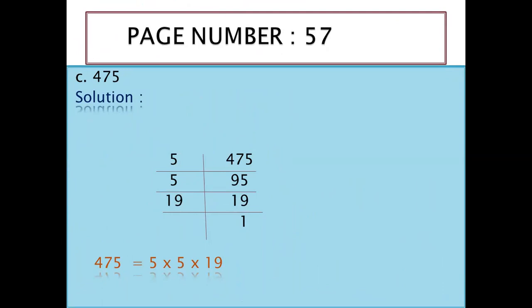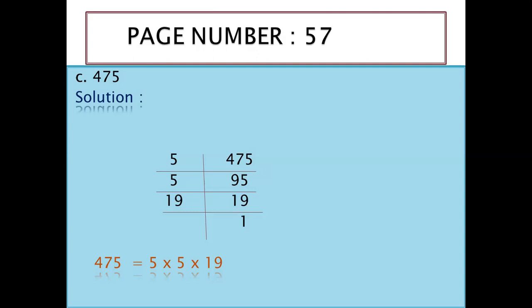And 19 is a prime number, so 19 is only divisible by itself. The prime factors of 475 are 5 multiplied by 5 multiplied by 19. Although 475 is a bigger number, there are only 3 prime factors of this number.